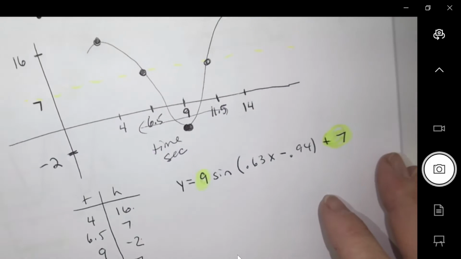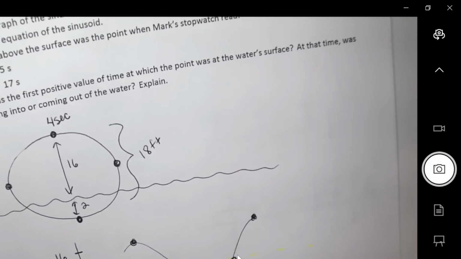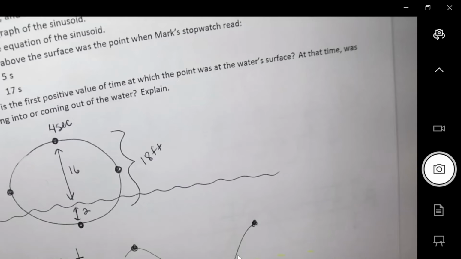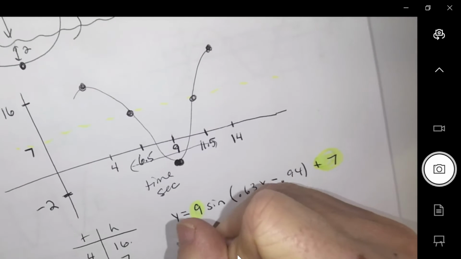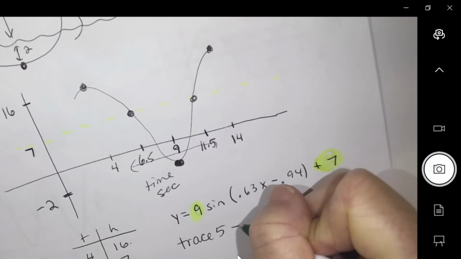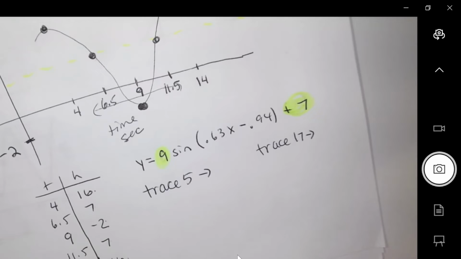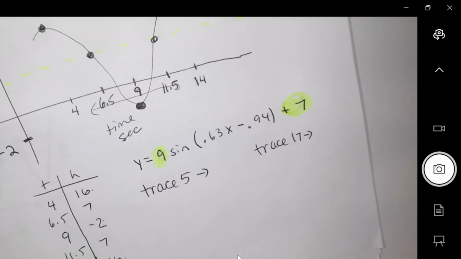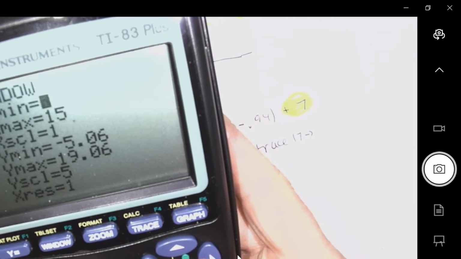Okay. C, how far above the surface was the point when you were at 5 seconds, 17 seconds? So this would just be a trace 5, and then we also have to do a trace 17. I'm guessing you might have to change your window. So let's just go to our window and let's all have the same here.